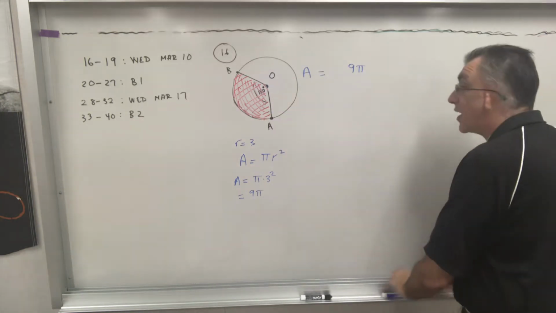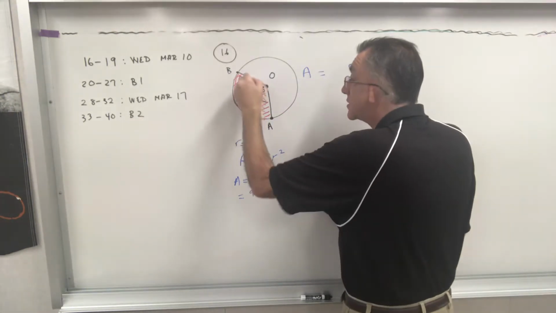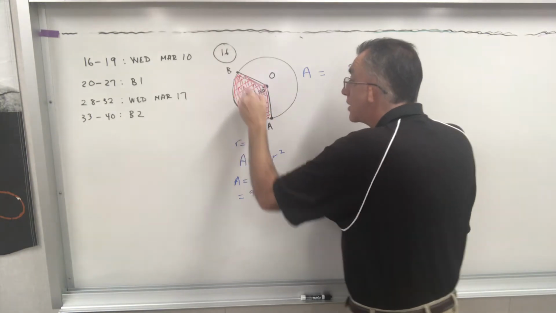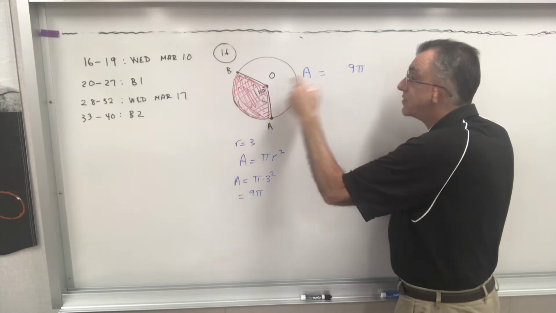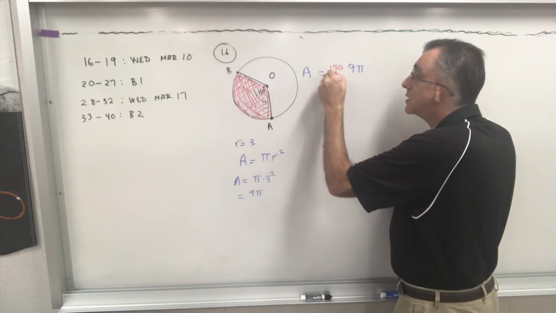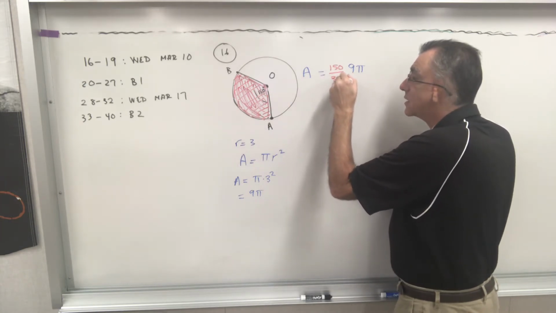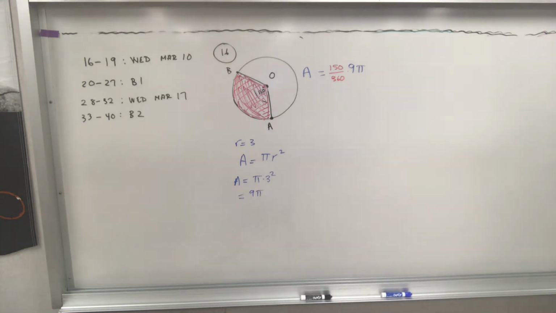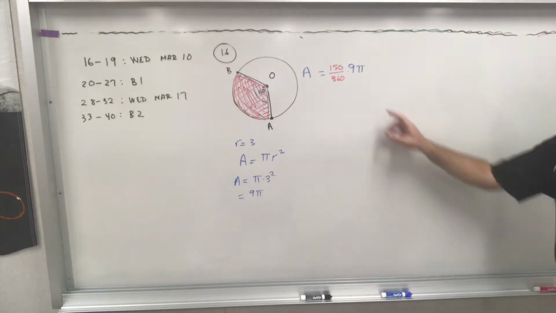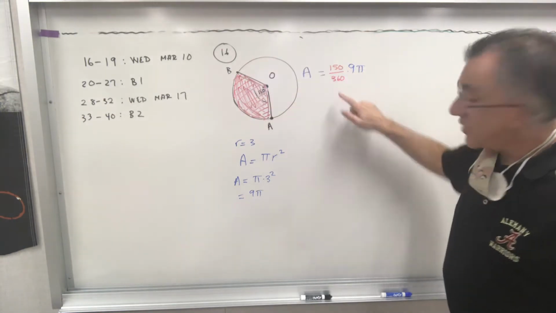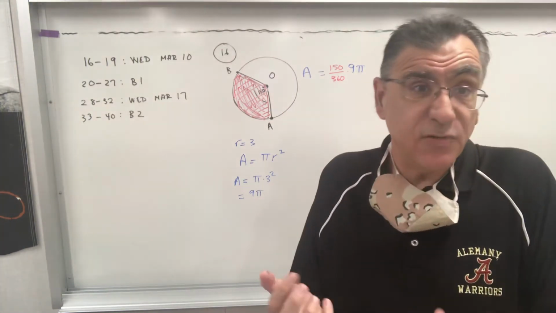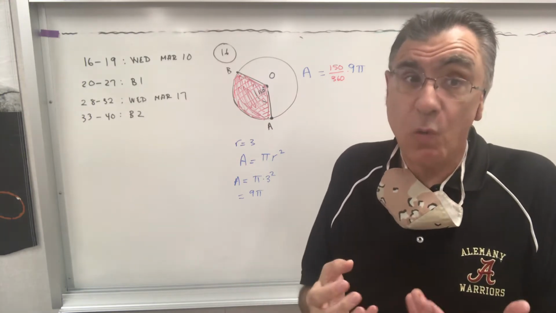I have to modify that because I only want this part. So I want 150 degrees out of the 360. Now you have to remember that there are 360 degrees in a circle, but I think all of us pretty much probably know that, right?